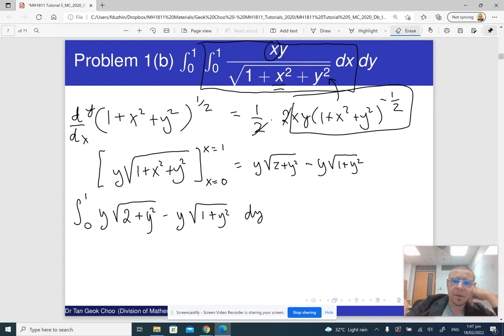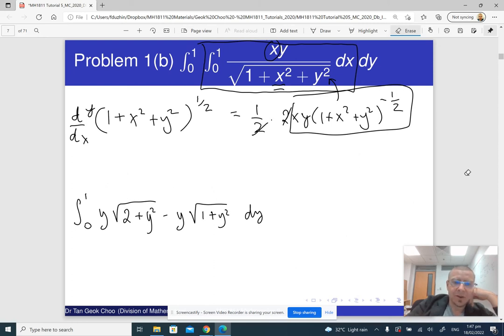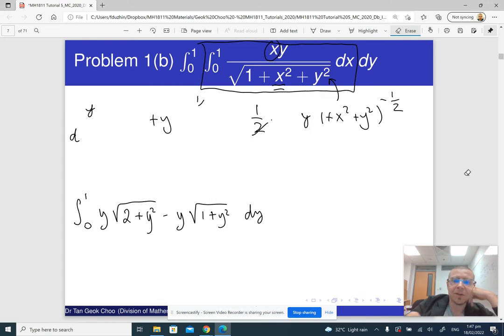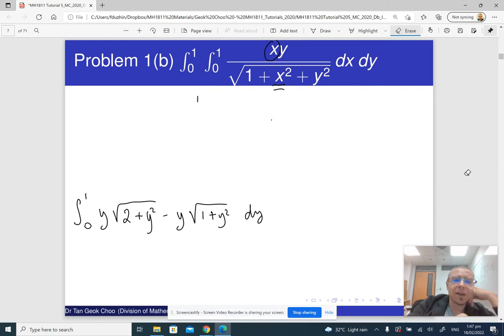And again, you can do this by a u substitution, but I think it's easier to do a similar trick. Since there is y here, and inside the square root you see y squared, and you know that if you differentiate y squared you will get 2y, which is proportional.